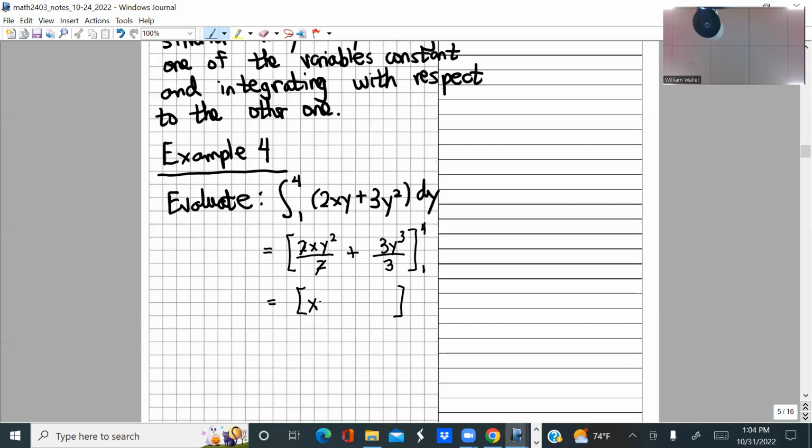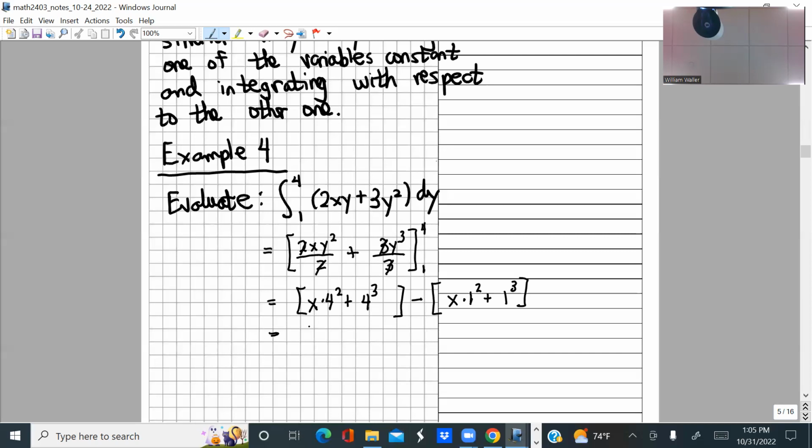X times 4 squared? Plus, of course, here the 3's divide out also. So you just get what? 4 cubed, right? Minus, and then what happens when we plug 1 in there? I just get what? X times 1 squared, right? Plus 1 cubed. So all very nice there.